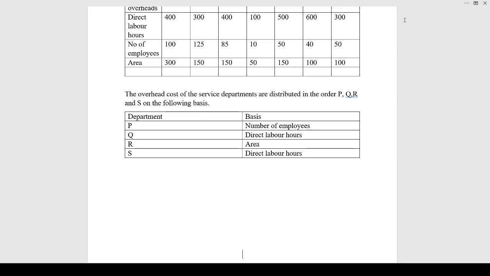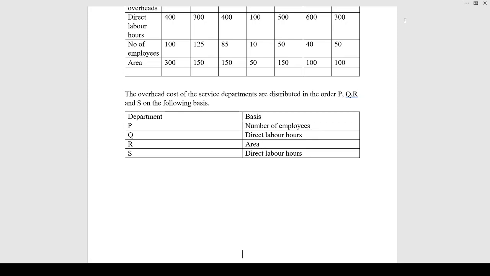So in this case, the secondary distribution has to be done on the basis of the step ladder method, and the order of distribution is given, that is it has to be in the order P, Q, R and S, and also the basis of distribution is given. Usually we try to find out the most serviceable department, then the next service department and the next least serviceable department.